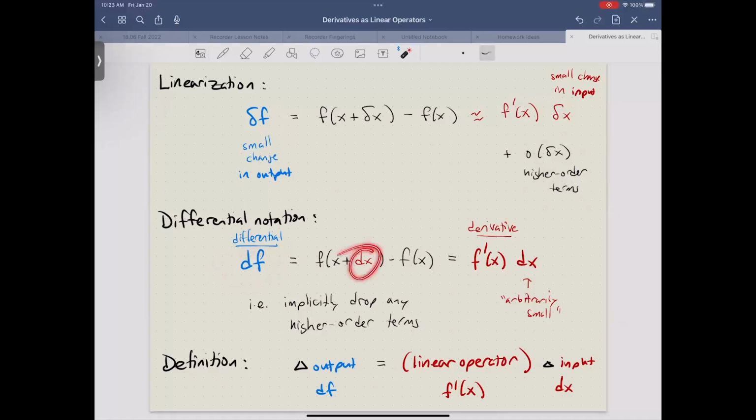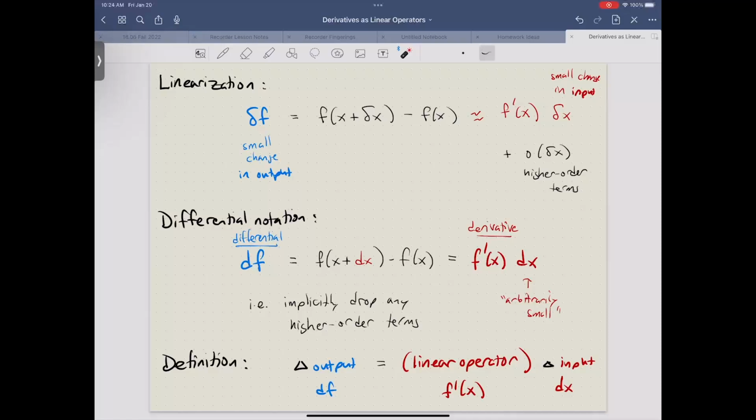So we think of this as a really small infinitesimal change in an arbitrary direction if x is a vector. When we take f of x plus dx minus f of x, we're just going to drop implicitly any term that's higher than linear order, has a dx squared or dx to the 1.5 or anything like that.